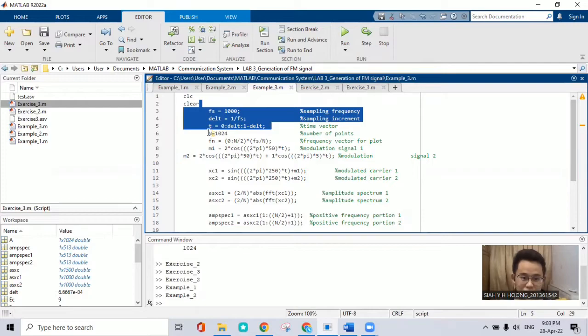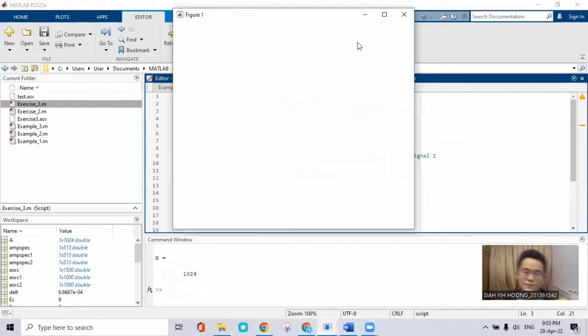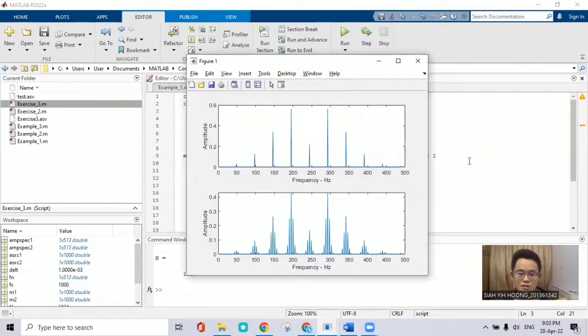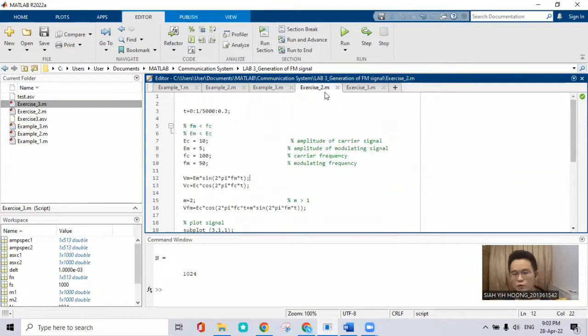Then we will have the number of points. We will do the time vectors, the sampling increment and the sampling frequency. Then we will run our code. So this is the result from the code. Then we go into exercise 2.